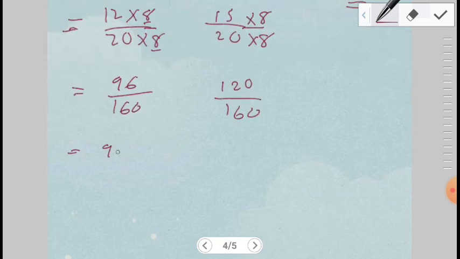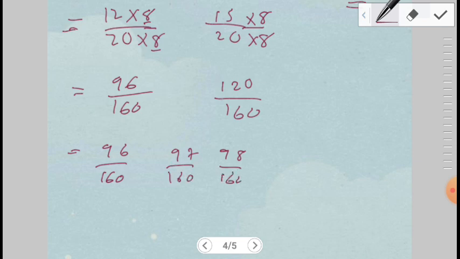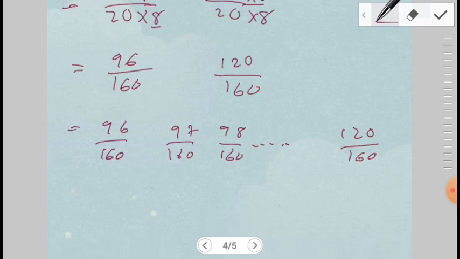So it is 96 upon 160, 97, 98, till 120 upon 160. Here I have the in-between numbers from those two rational numbers.